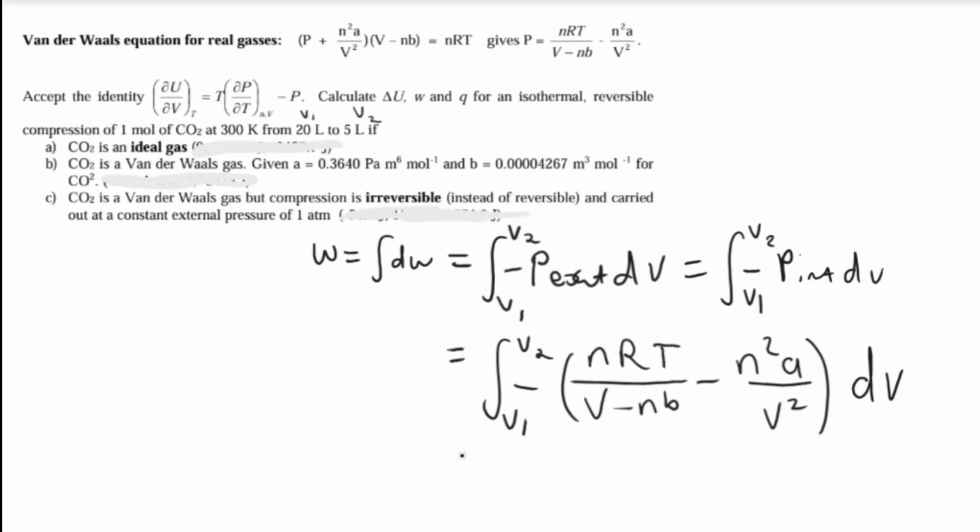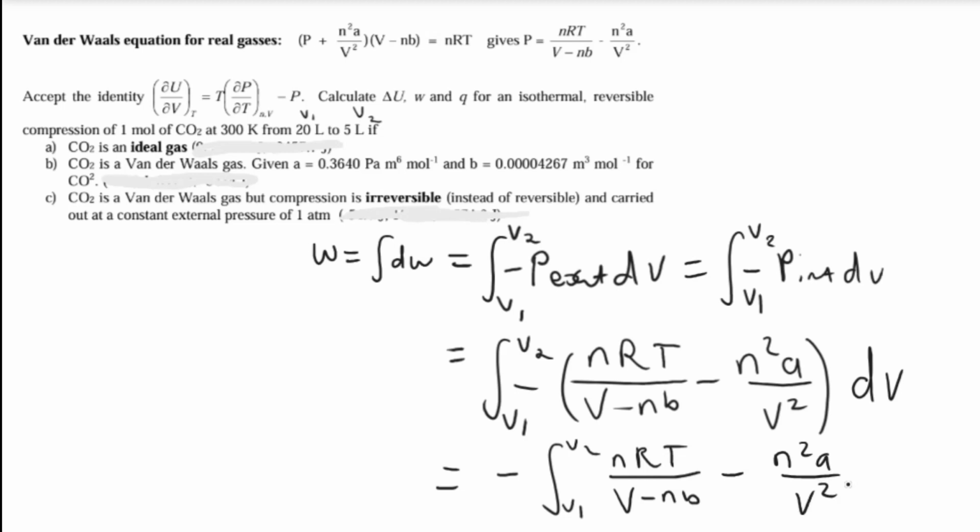Now, what do we have next? We have the integral of, we can write this as two integrals if that's how you would prefer it, but I prefer to work it out as it is. So this whole bracket has a negative outside. We are going to take this negative outside of the integral. It's just a constant, negative one. We put negative of 1, integral from V1 to V2 of nRT over V minus nb, and then subtract n squared a over V squared, and then we have dV.